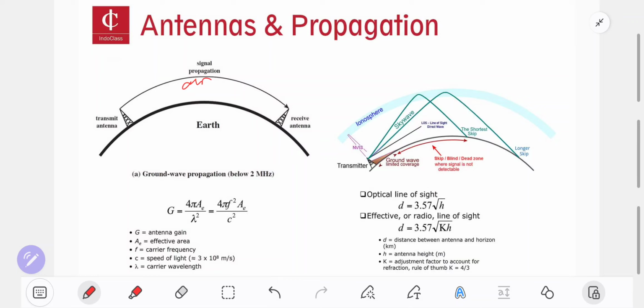And what is the function of antenna for receiver? Antenna can change electromagnetic wave into electric signal. After that, that signal can be processed by electronic devices or by electronic circuits.